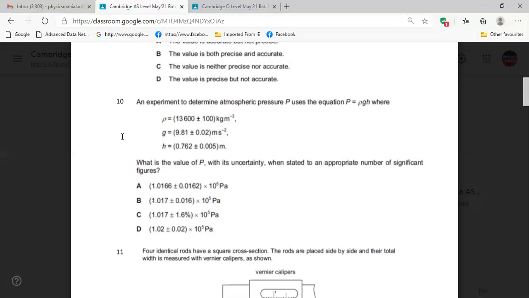To get del P, you should write del P by P, this formula, right? Del P by P is equal to del rho by rho plus del g by g plus del h by h. Yes.